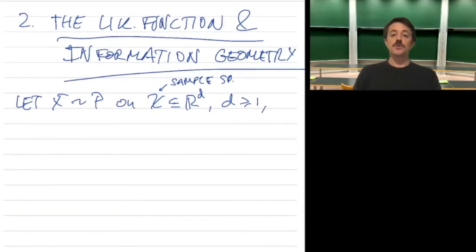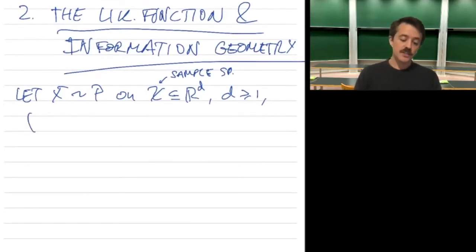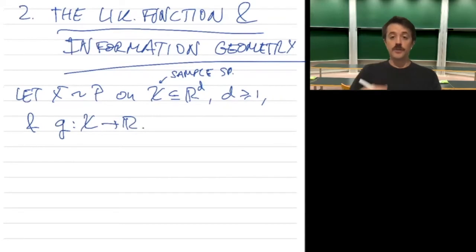The other thing we need is a function that takes us from this sample space to the real numbers, and then we look at the composition of these two mappings and say something about this now one-dimensional random variable.